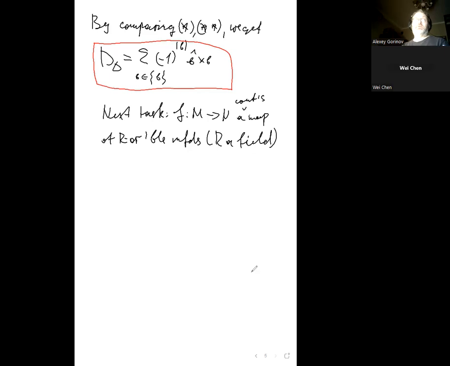Suppose we have a continuous map of orientable manifolds, which are again assumed compact and without boundary. Well, the graph is just a graph.